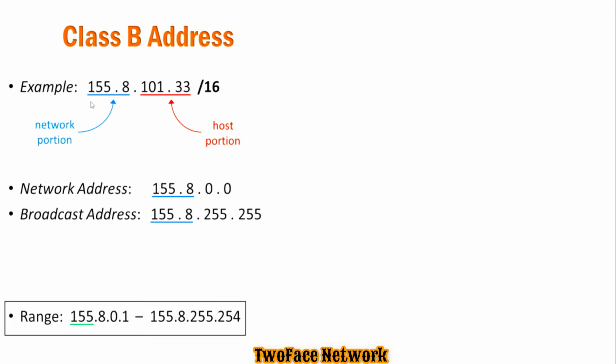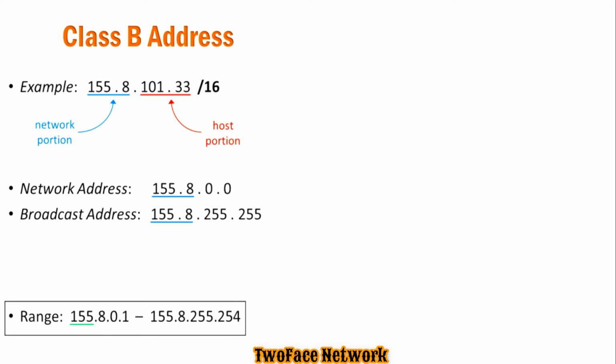So this is a Class B address, 155.8.101.33/16. /16 means that the first 16 bits of this IP address represent the network portion. 16 bits is 2 times 8, that's exactly 2 octets.